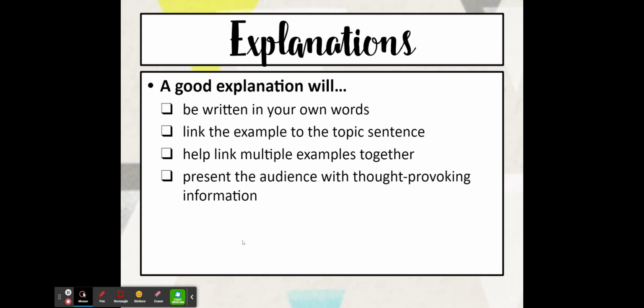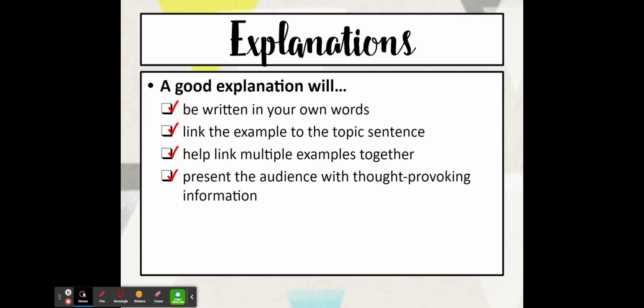So let's look at what a good explanation will have. It will be written in your own words. It will link the example to the topic sentence. It will help link multiple examples together if you are doing a paragraph where you have several pieces of evidence. And it will present the audience with thought-provoking information.